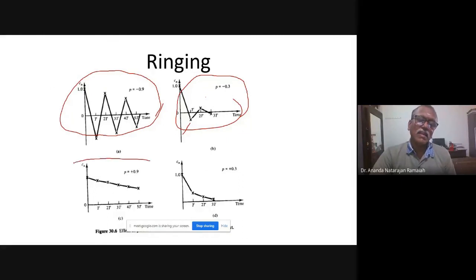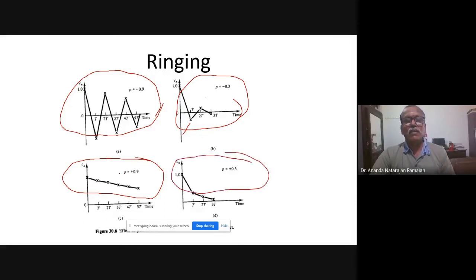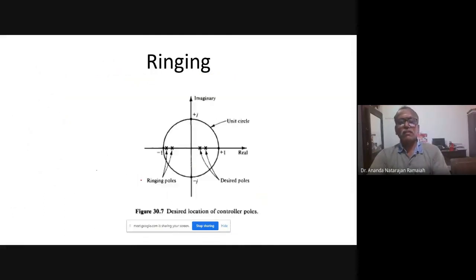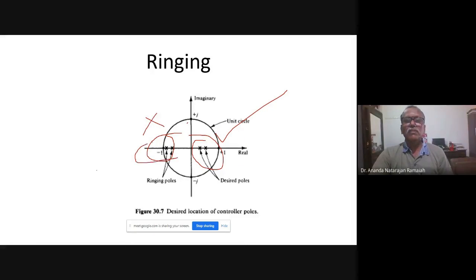On the other hand, if it has poles on the right side of the unit circle, if it is smaller, it quickly damps out and the controller comes to steady state. If it is larger, it takes time, but anyhow, no oscillations. That's why right hand side poles are desired, and left hand side poles are not desired, even though this is a stable controller.